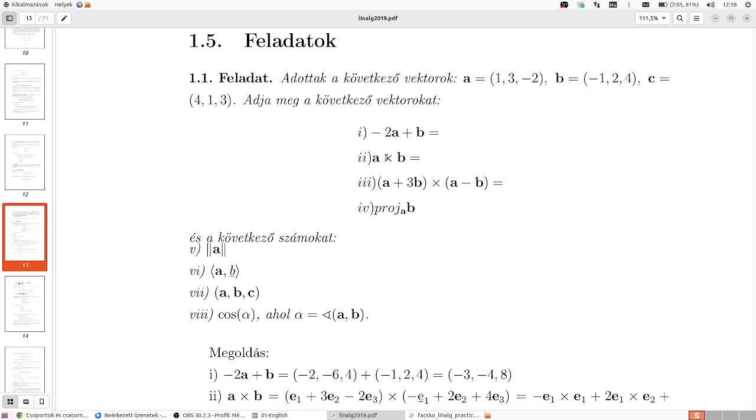Before tests, I will provide you more and more exercises and tasks. Can we use a calculator? Scientific calculator. During the exam, can we use calculators?